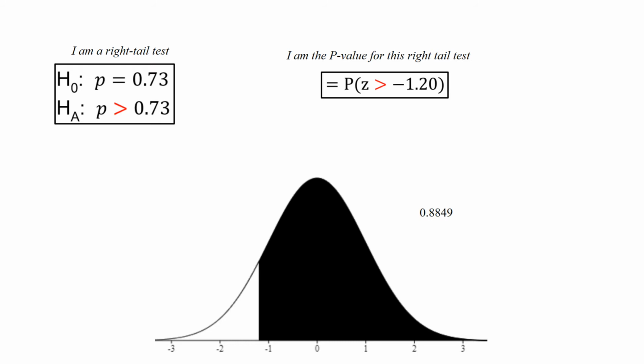Well, we were looking for evidence of greater than 73%, yet our sample was less than 73%. It's very hard to demonstrate more than 73% when our sample is not even more than 73%. So what the p-value here is basically telling you is that you pretty frequently get what you got if the null hypothesis is true. So we're not going to reject the null hypothesis here either.